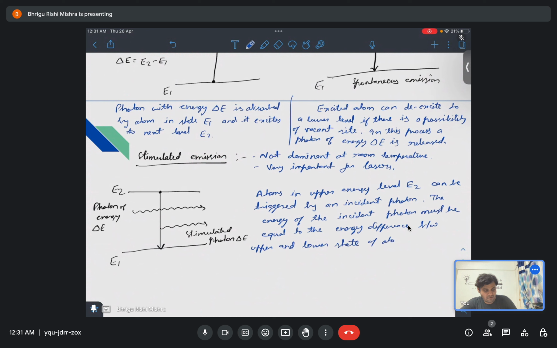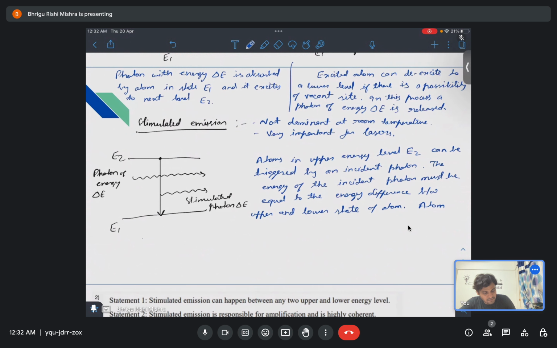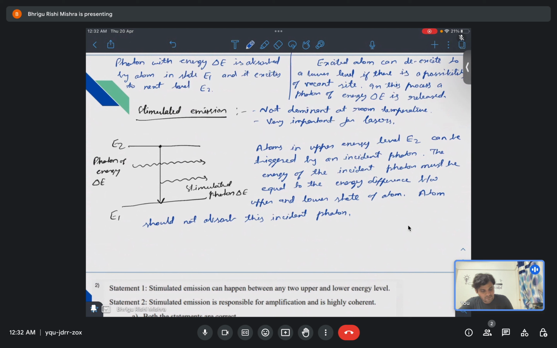Okay, and the most important thing is the atom should not absorb this incident photon.